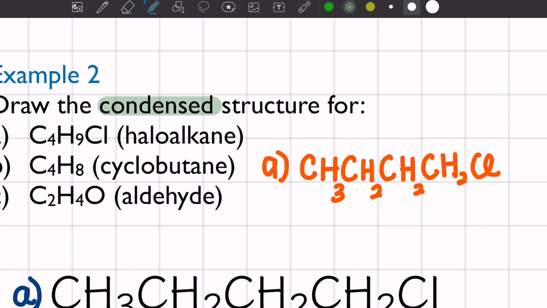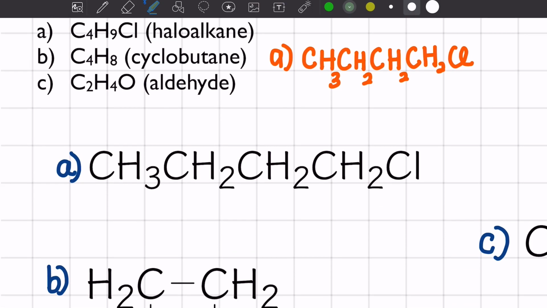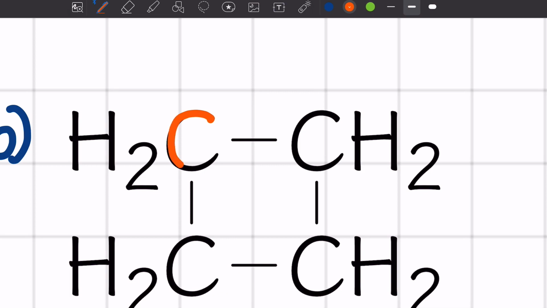Okay, this is the condensed structure. Maksudnya kita tidak tunjuk bond. Kita macam condensekan dia. Okay. Next is cyclobutane. B is cyclobutane. Cyclobutane ni segi 4 lah kan. Tapi awak kena hati-hati. Untuk cyclic compound, awak kena tunjuk bentuk segi 4 itu.